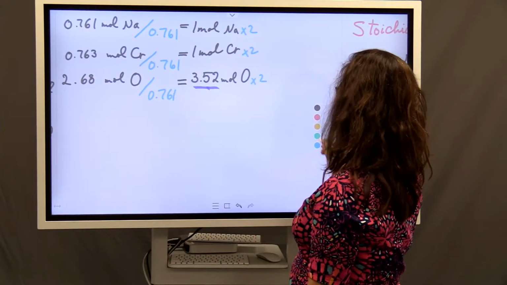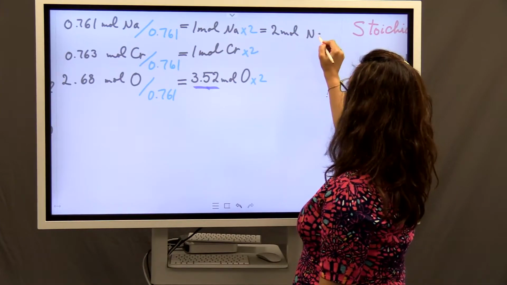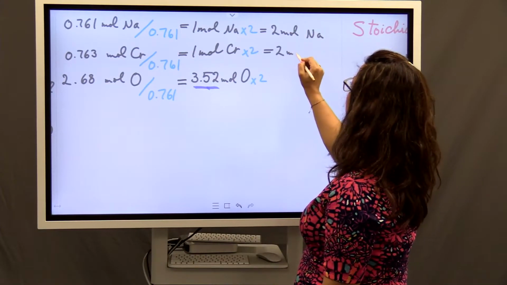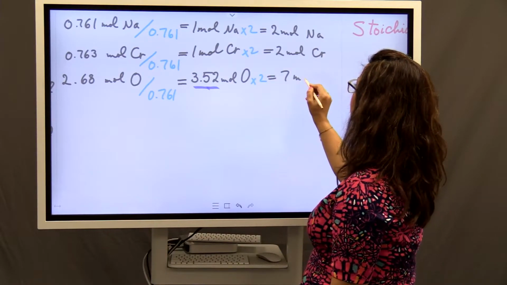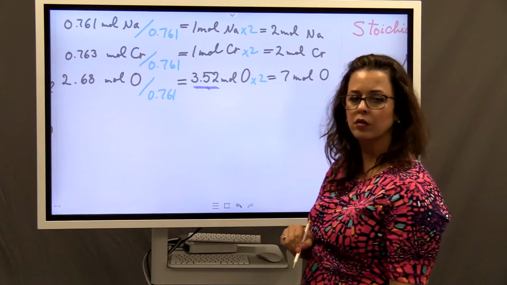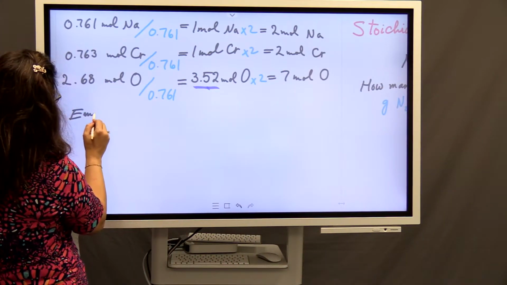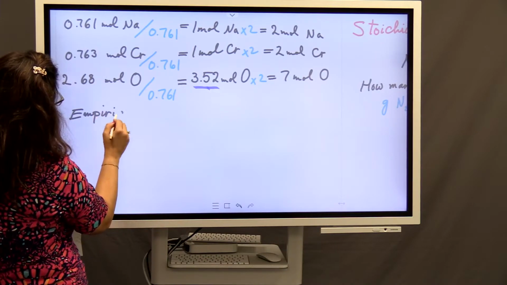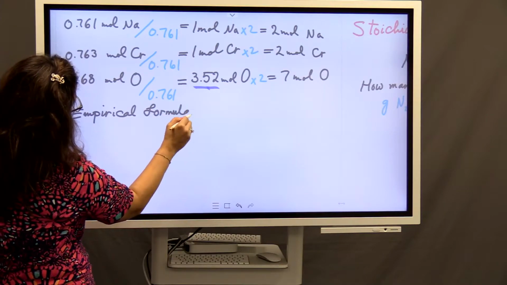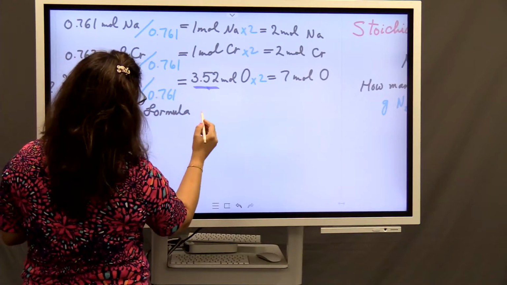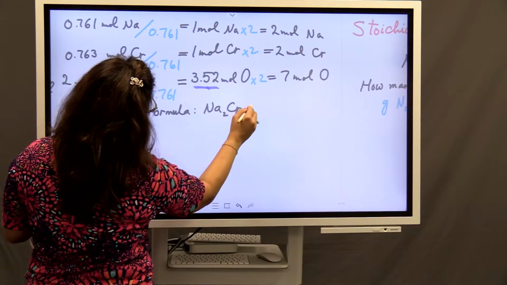Now, you will have 2 moles of Na, 2 moles of chromium, and tell me how many moles of oxygen? 7 moles of oxygen. Bravo. This is empirical formula of sodium dichromate. Empirical formula, which is Na2Cr2O7.